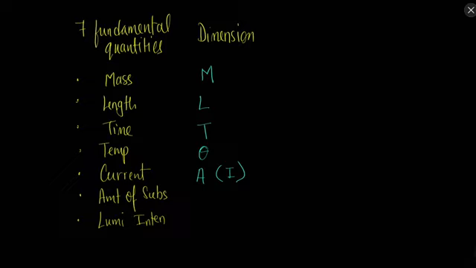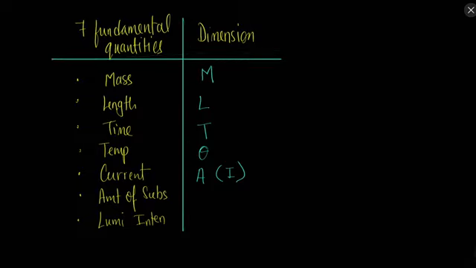Now amount of substance and luminous intensity are not very commonly used, so they do not have any certain designation of any particular letter while writing dimension. But if you want, you can write capital MO for moles, and for luminous intensity you can write L. So we have these 7 fundamental quantities, but most of the time we will be dealing mostly with these 3 quantities, and at certain times temperature will be there, and in certain places current will be there.